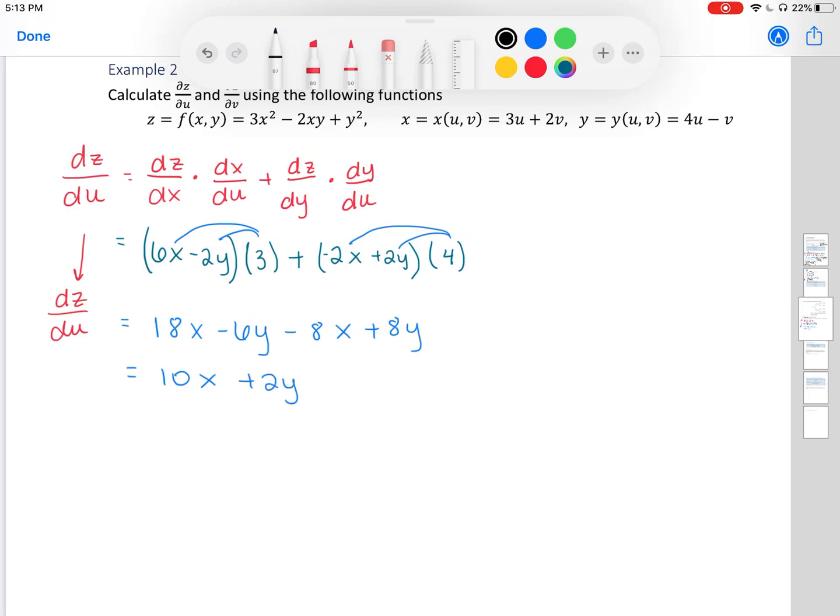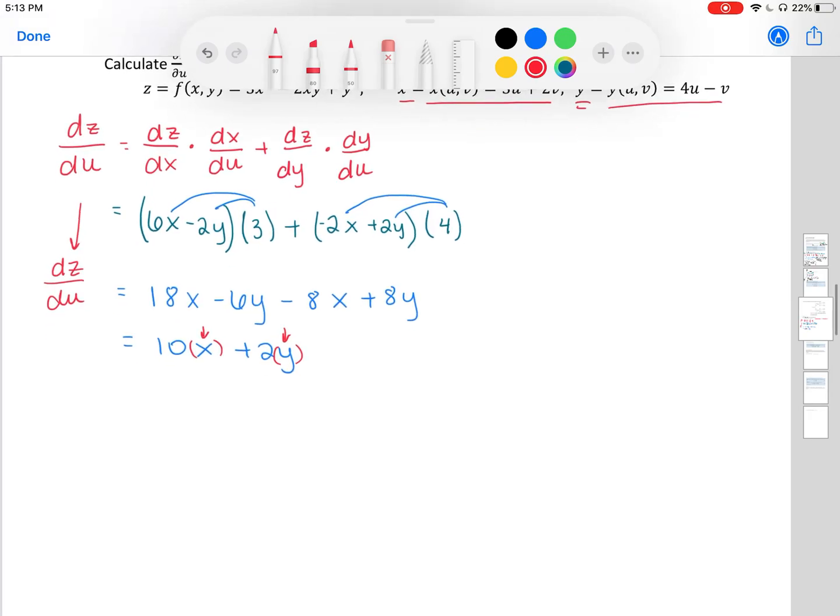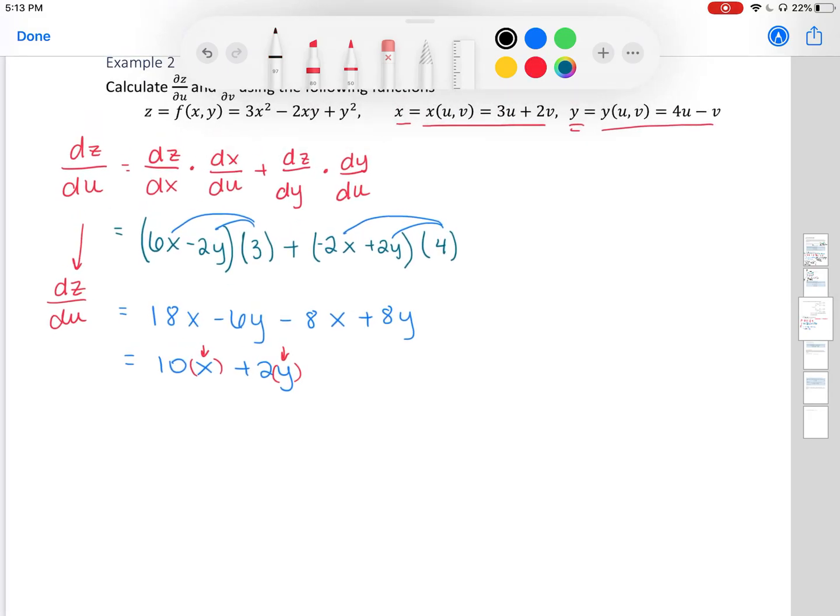Okay, now I can go ahead and plug in those x's and those y's with what we have given for x and what we have given for y. So that we have 10, and for x we have 3u plus 2v, plus 2 times y, we have 4u minus v. Which gives us 30u plus 20v plus 8u minus 2v.